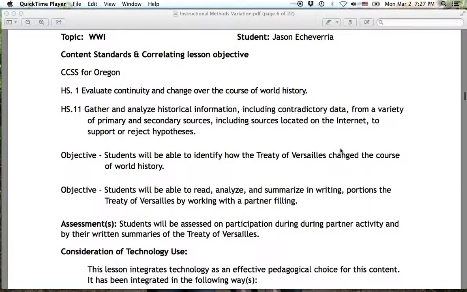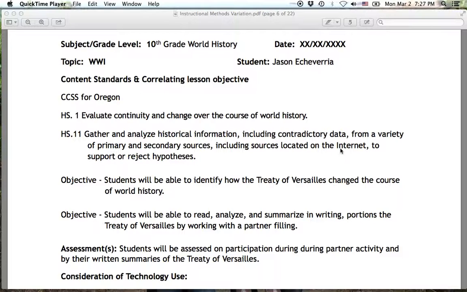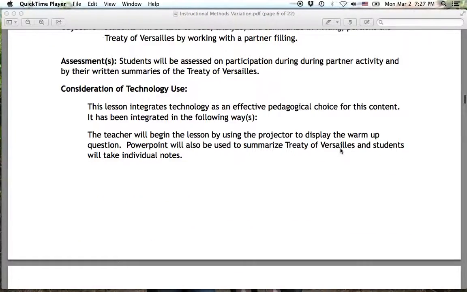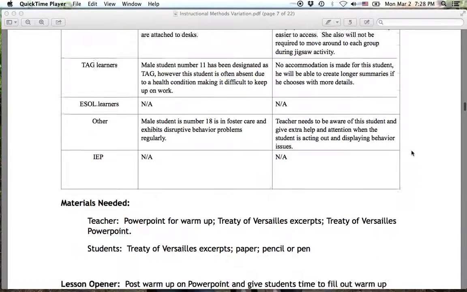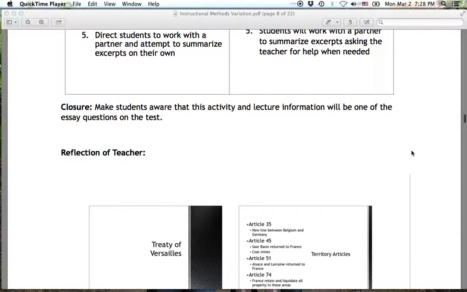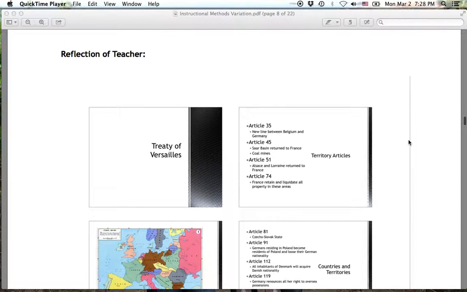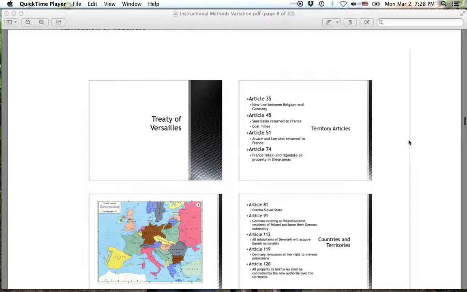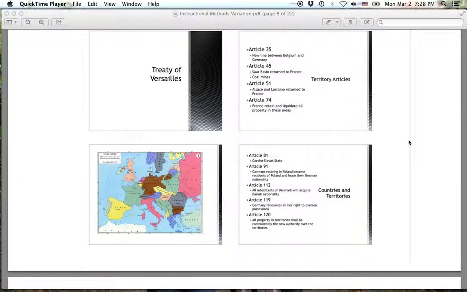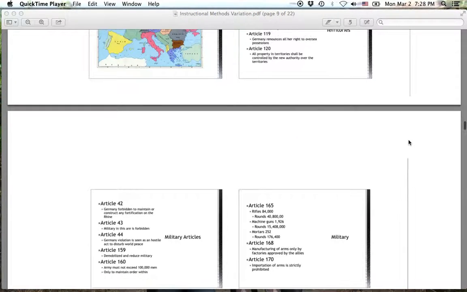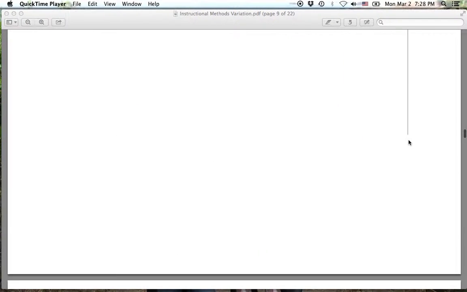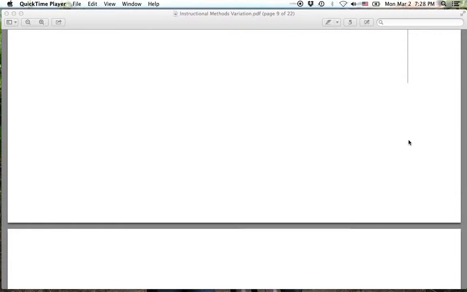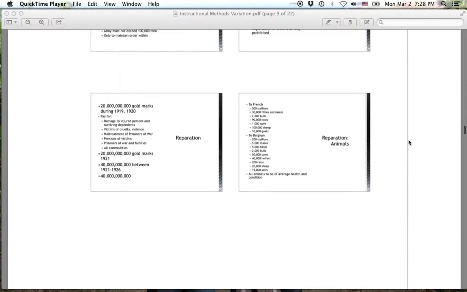So here is the mixed, integrated version, where the teacher would still be doing some direct instruction with that same PowerPoint, but instead of going through the whole PowerPoint, the teacher would maybe just do a few, maybe half, and then the students would pair up and summarize some on their own.